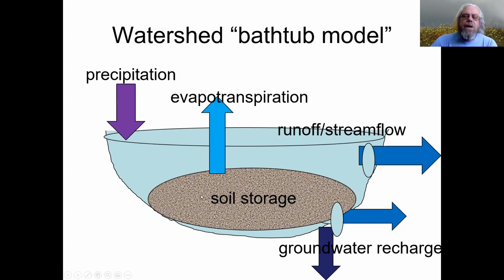When the soil storage is all filled up, any additional water goes one of two places. Some of it leaks out the bottom into the below the rooting zone, and that's groundwater recharge. And then some flows off the surface, and that's runoff and stream flow. So what we're really interested in doing is keeping track of where the water is going.